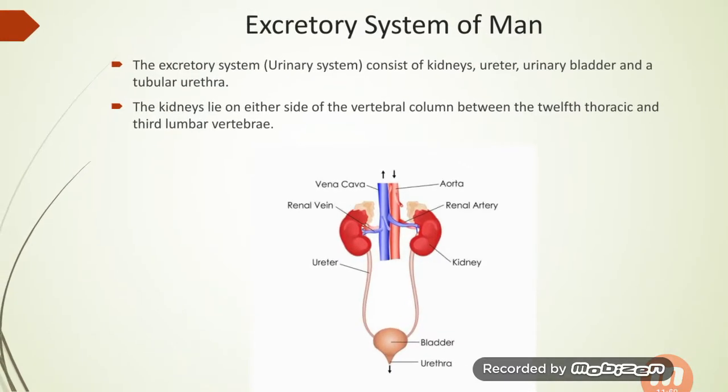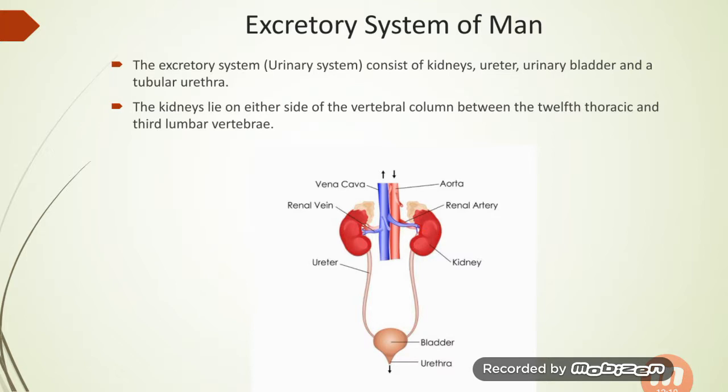Now the urinary bladder is a muscular organ, hollow from inside, and its function is to store urine, and it is present in the pelvic region. Pelvic region is the hip region, and as I have told you, it serves as a urine reservoir.